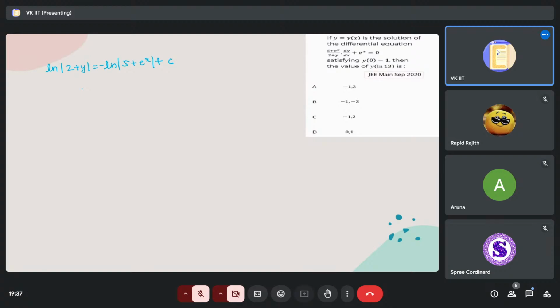You can use the formula log m plus log n, which, since the base is same, becomes simply multiplied, is equal to c. We can further solve it if you want, but let's not solve it. Let's put it like this only, and now put in the conditions. Let's say this is equation 1. The first condition was given.